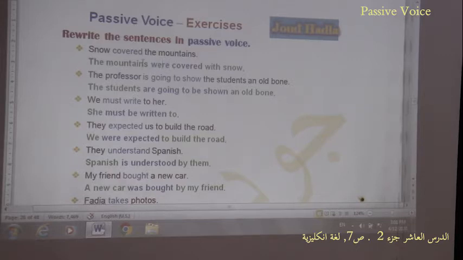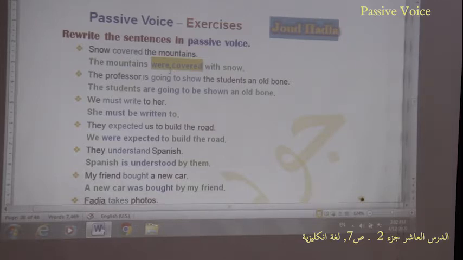Now the mountains is a plural noun, so we add were plus the third form of the main verb cover, which is covered because it's a regular verb. So the mountains were covered, and here it is in yellow shading for you. So the mountains were covered with snow. This is an example of past simple passive.